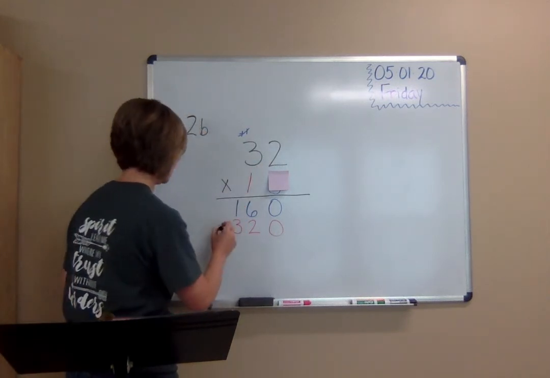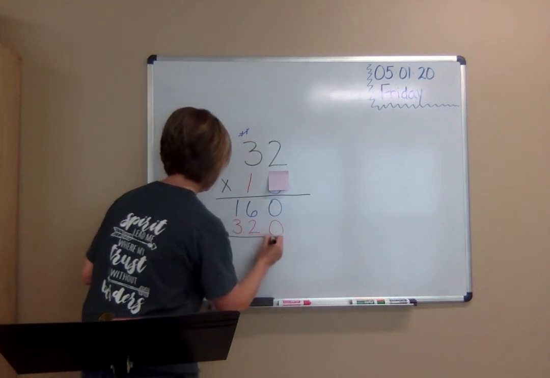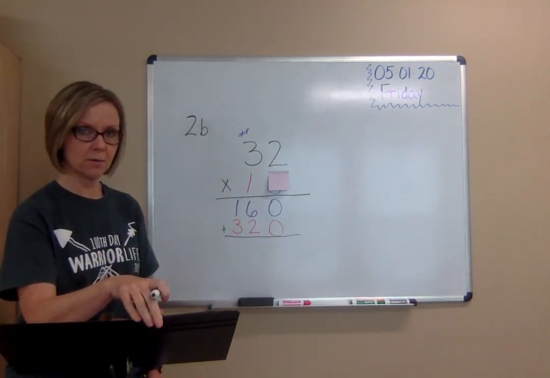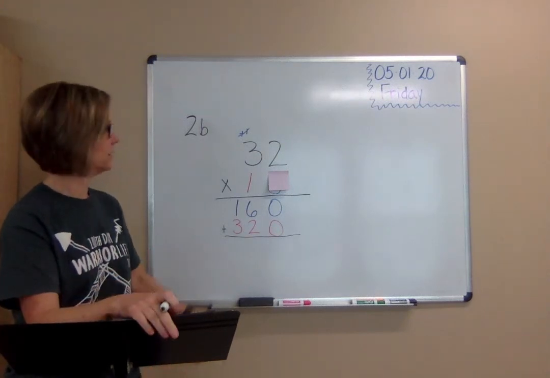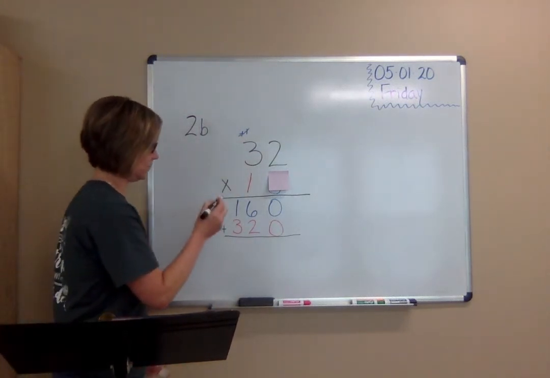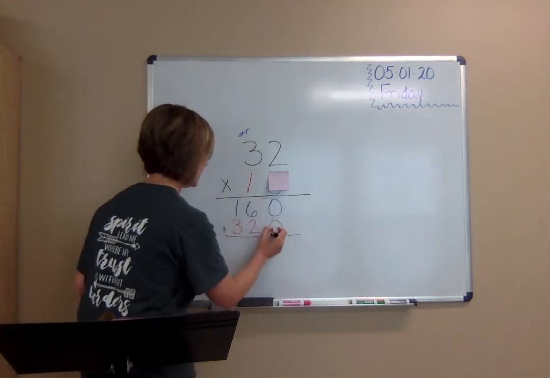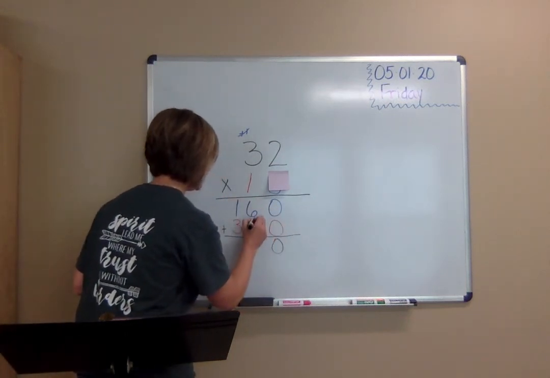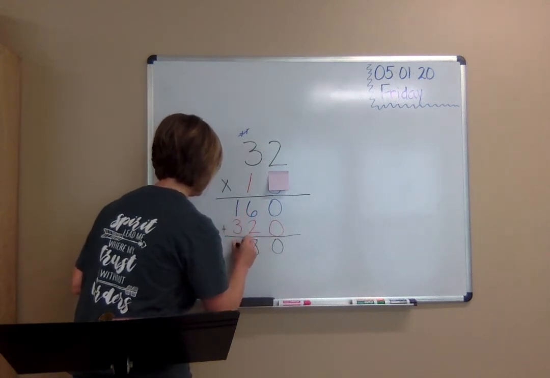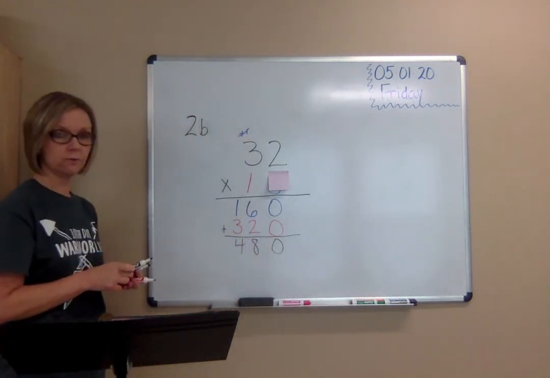So then let's add. All right, let me pause for a second. So a while ago, I probably forgot to mark out my 1. So forgive me. I did it here. So I think we're good now. All right, so let's solve. 0 plus 0 equals 0. 6 plus 2 equals 8. 1 plus 3 equals 4. So your answer there is 480.